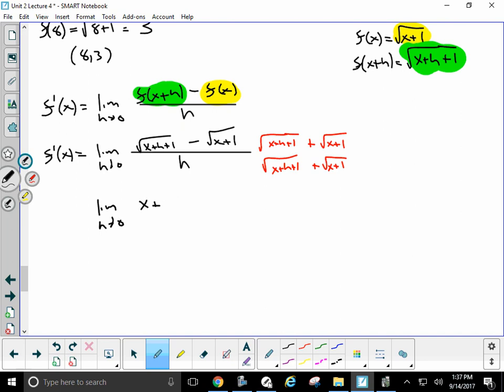I end up with x plus h plus 1 minus the quantity of x plus 1 all over h times the conjugate. Distribute the negative.